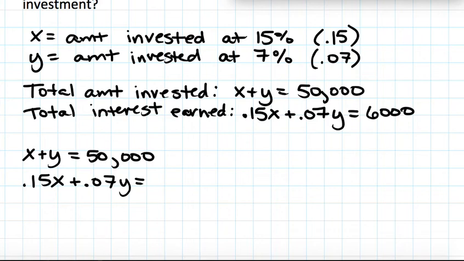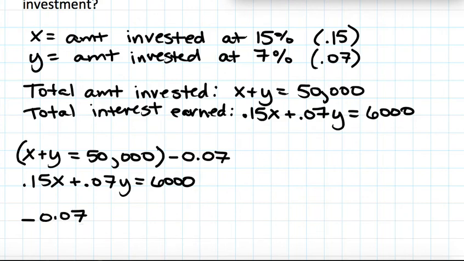For addition, I want to multiply the top equation by a number so that one of the variables cancels out. I could multiply by either negative 0.15 and cancel out x, or negative 0.07 and cancel out y. I'm going to choose to go with the negative 0.07. Doesn't really matter.